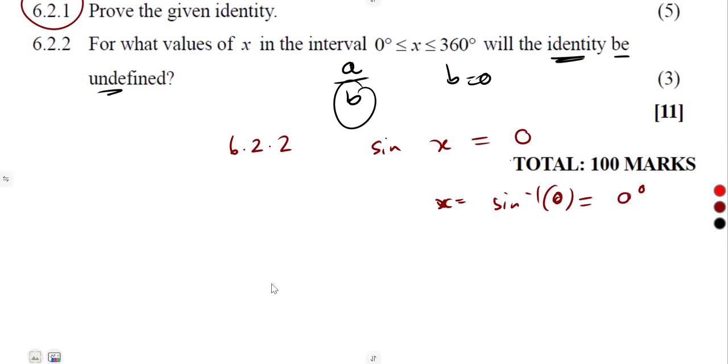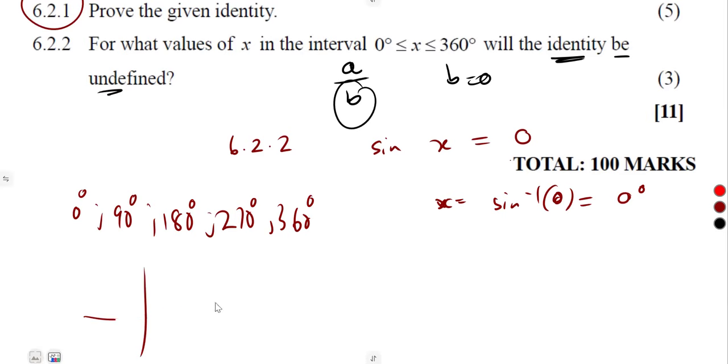Guys, where do we put 0 degrees? In which quadrant can you say that is where we have 0 degrees? So for this, you try special angles 0, 90, 180, 270 up to 360 degrees. Those angles that we have on our quadrant. So those are the angles that you use to test for the values of x.